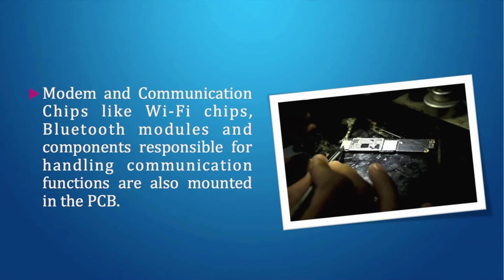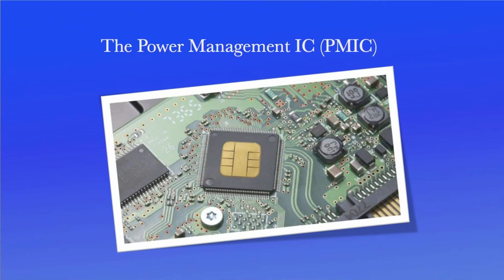Modem and communication chips like Wi-Fi chips, Bluetooth modules, and components responsible for handling communication functions are also mounted on the PCB. The power management IC regulates and manages power distribution among the various components of a mobile phone, optimizing energy use and ensuring efficient power delivery.